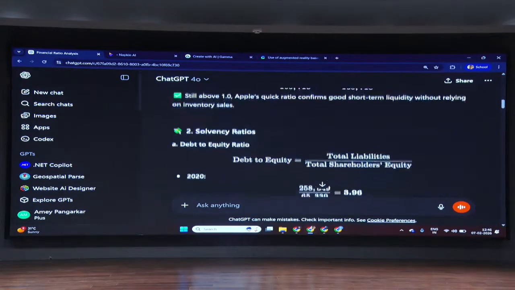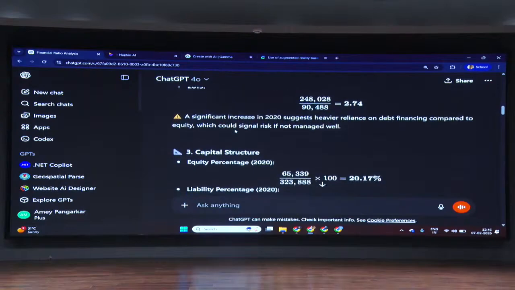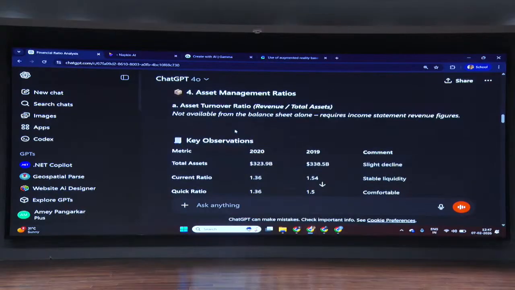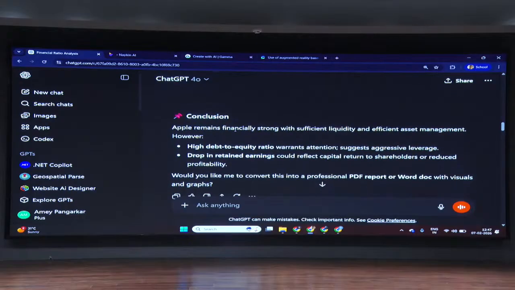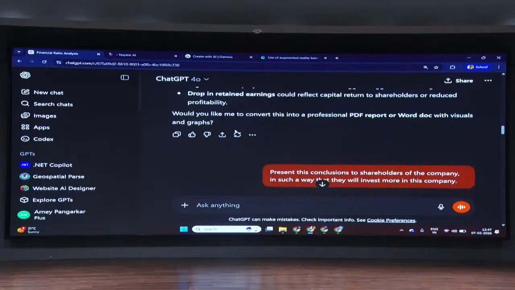Go further down. Solvency ratios, and it is telling me what each of these components means. It is also calculating capital structure, asset management ratios, and the key observations and conclusions. This is the basic thing. Now here's where the bias comes in. Now look at the second question that I asked.